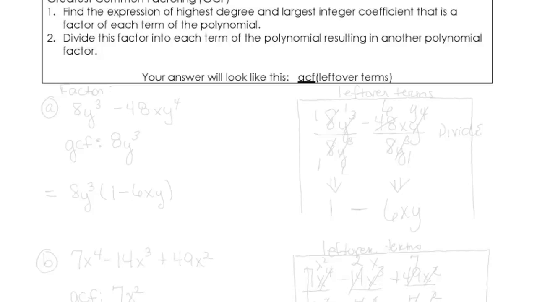Now you can list all the possible factors, okay? But we want to find the greatest one. Now what are some common factors? We see 1, 2, and 4. But we're looking for the greatest: 4.